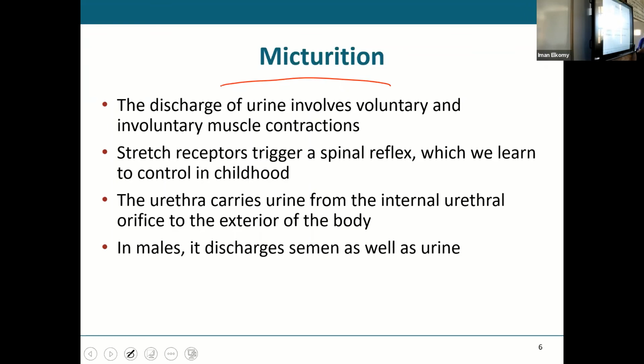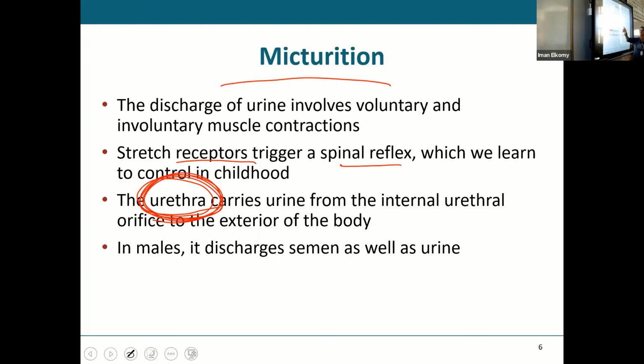Filling up of that bladder with urine is going to initiate a response from your stretch receptors, goes to a spinal reflex in your spinal cord, and then that's going to go back, release the internal sphincter, and then you have to train your external sphincter to be strong enough to hold it until you voluntarily release it. Then the urethra is going to carry urine from the bladder to the outside of the body.